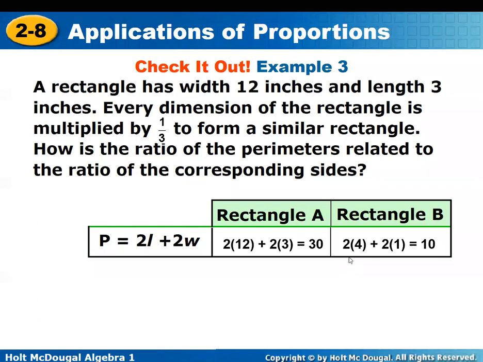Here we have 4 and we have 1. Where do we get 4 and 1? 12 divided by 3. Let me help you find the answer.